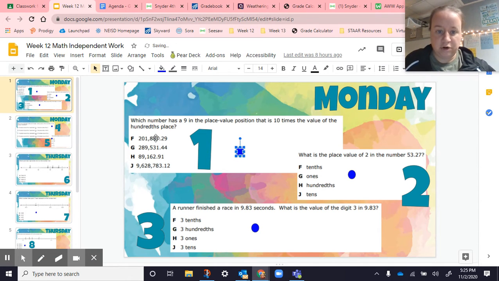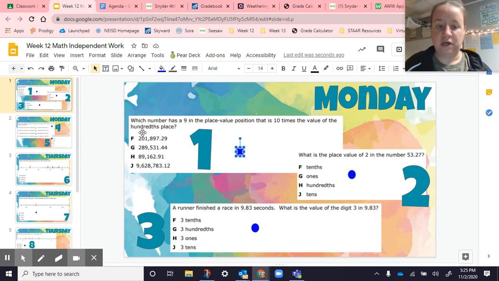It says, which number has a 9 in the place value position that is 10 times the value of the hundreds place? I'm looking for a 9, so I can circle all my 9s. When we see 10 times, we're thinking to the left and getting bigger.